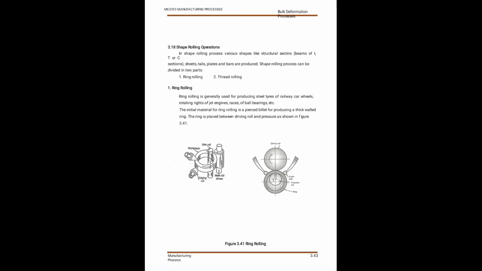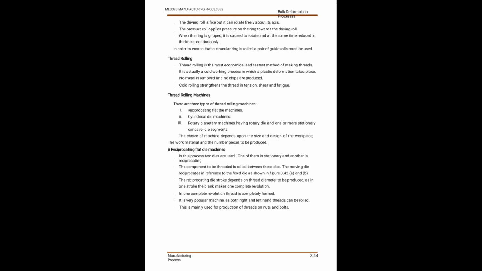That height is maintained with the support of two edging rolls. The two edging rolls maintain the ring height, and the main and idle rollers apply the force and reduce the thickness, and the diameter of the ring will be increased. That is ring rolling.